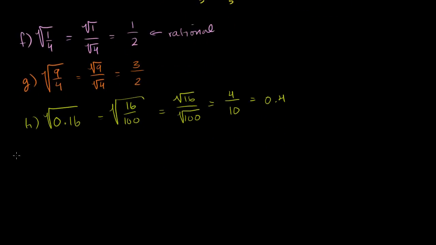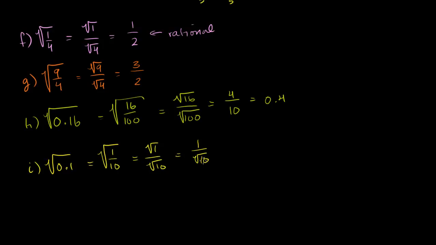Okay, part I was the square root of 0.1, which is equal to the square root of 1 over 10, which is equal to the square root of 1 over the square root of 10, which is equal to 1 over, now the square root of 10, 10 is just 2 times 5, so that doesn't really help us much. So that's just the square root of 10 like that.